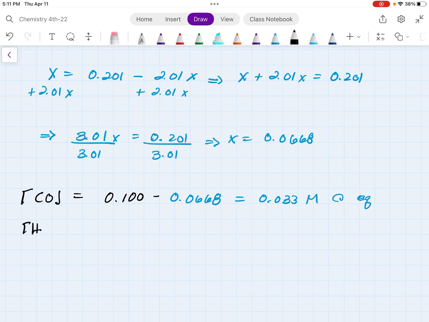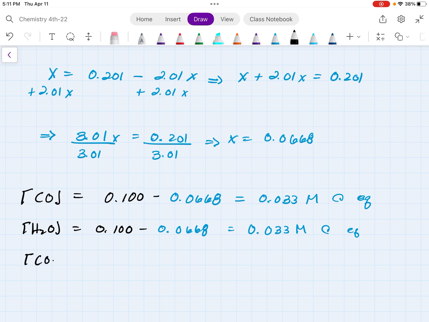Remember that water had essentially the same concentration at equilibrium: 0.100 minus 0.0668 is equal to 0.033 molar concentration at equilibrium for water.